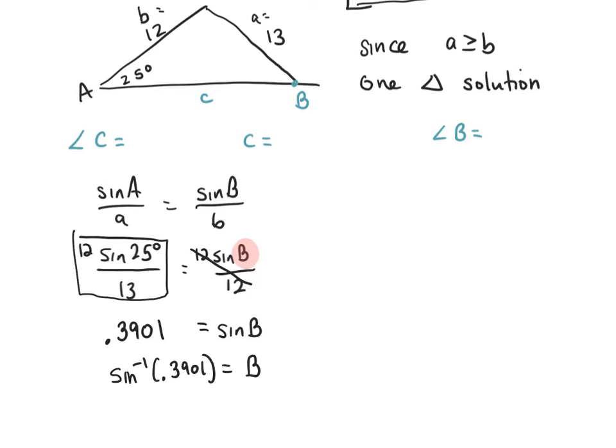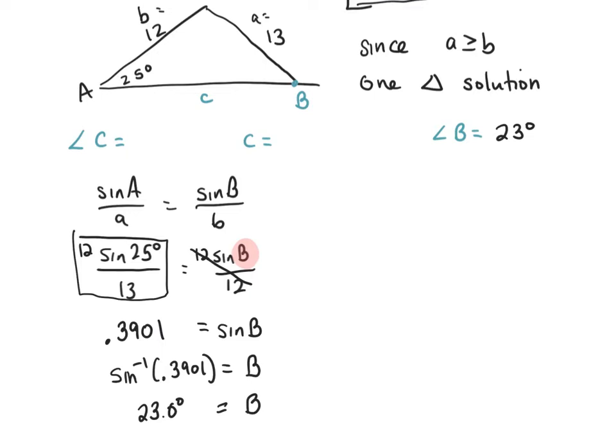It's above sine in your calculator. It's on Desmos. So if I do second sine or inverse sine of 0.3901, it's going to tell me B is 23.0 degrees. I'm just rounding to the nearest tenth for the degree. So that is going to be angle B. So we have part of our solution solved. We have 23.